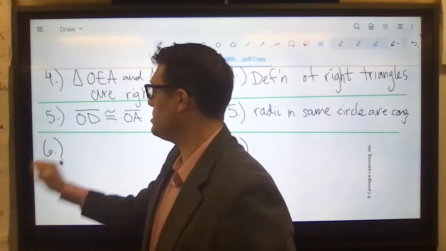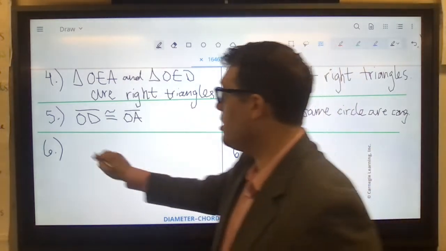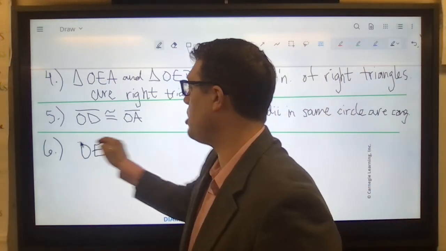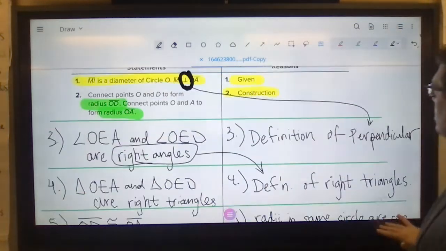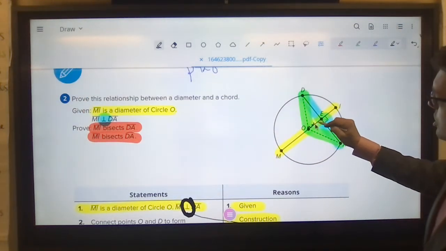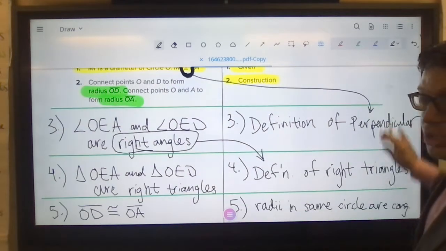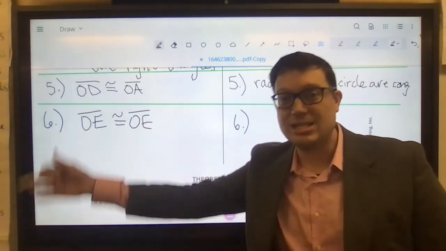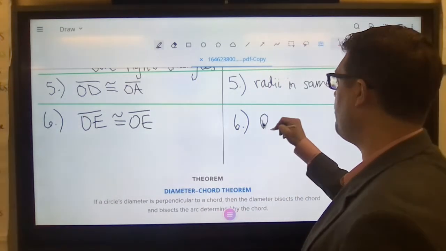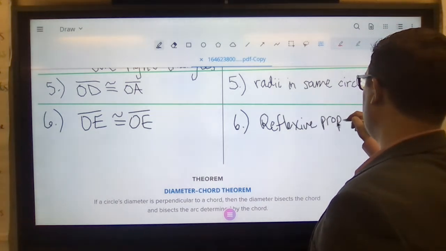The 2 triangles that we have share a side in common. That side is OE. OE is shared by both triangles, so that side is congruent to itself. And we say reflexive property.